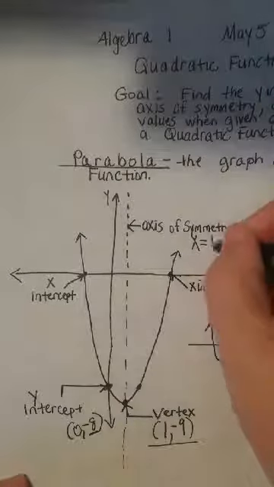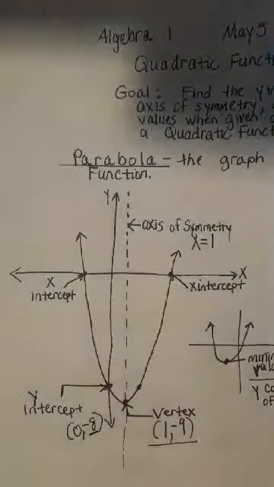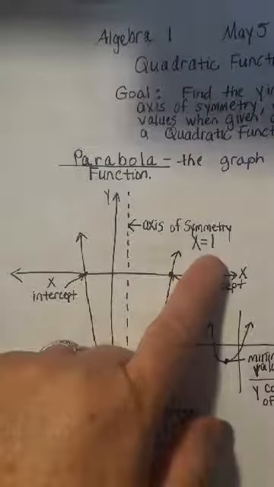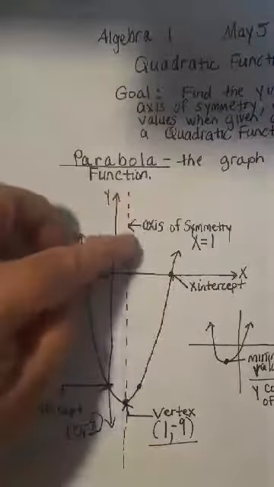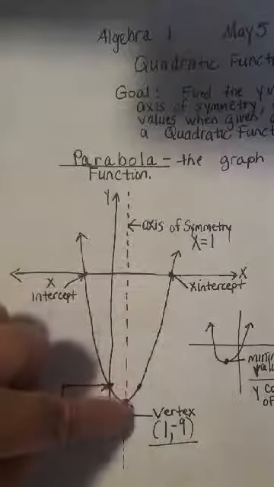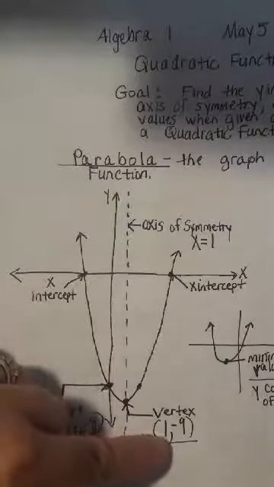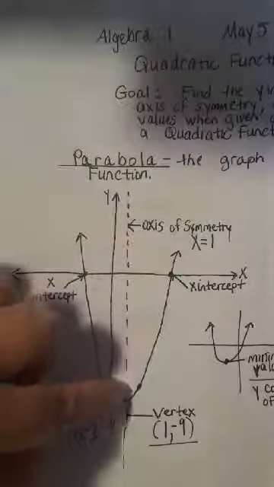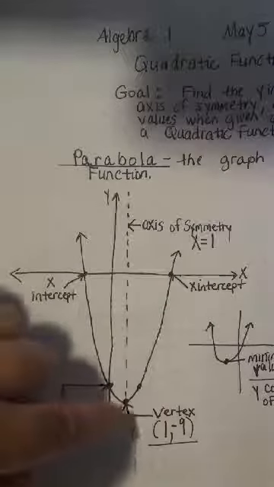So the x-coordinate is 1. And so your axis of symmetry, which is always an equation, and it always starts out x equals, is just going to be where the vertical line meets that x-axis right there. It's also going to be the same as the x-coordinate in your vertex. But it's the vertical line that goes through your vertex. That's important to know.